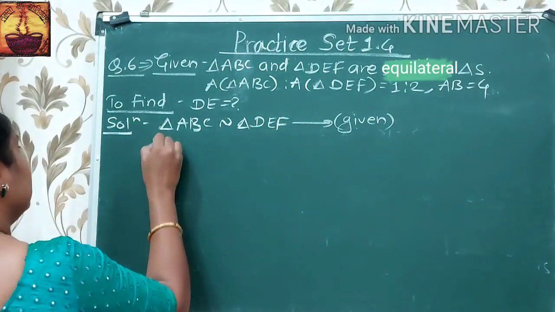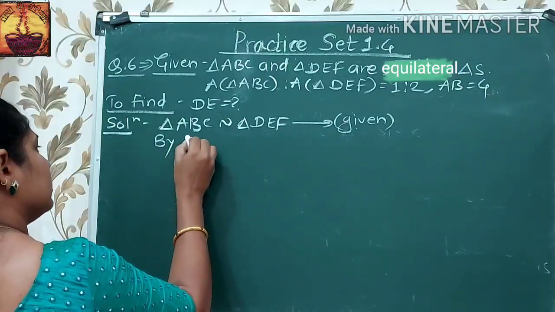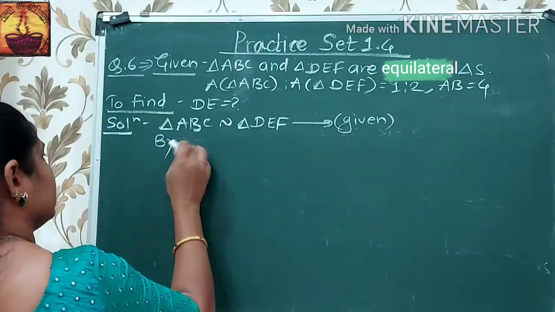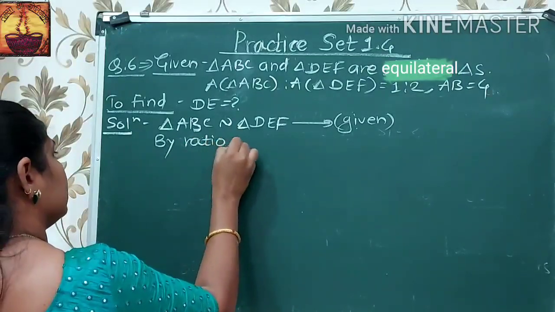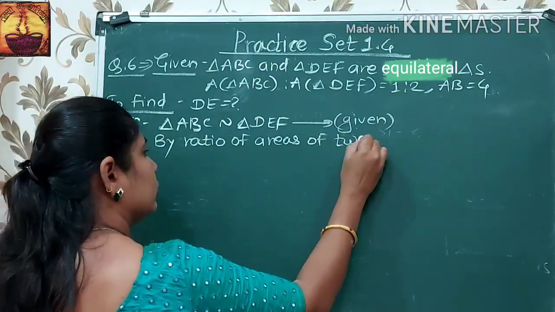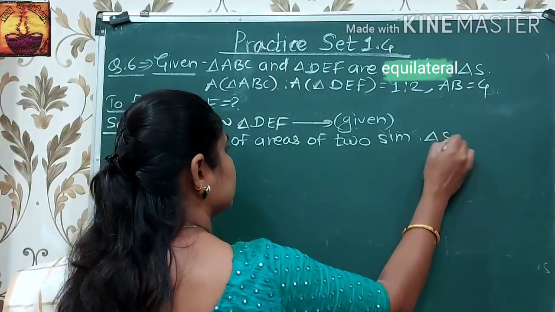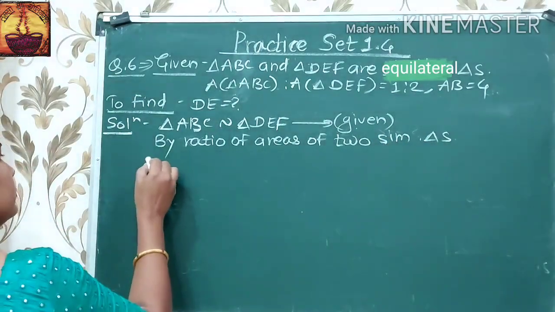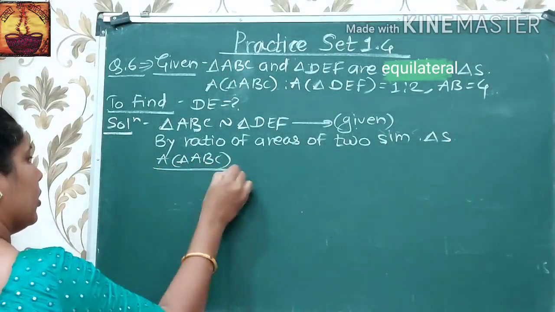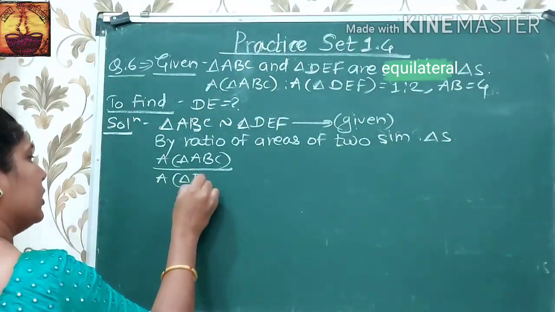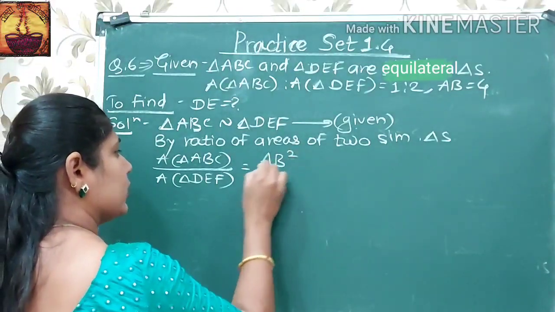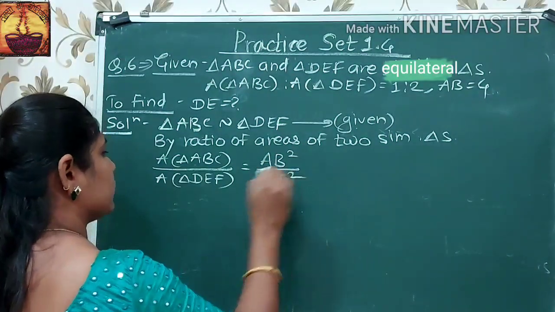Therefore by the theorem on two similar triangles, we have area of triangle ABC upon area of triangle DEF is equal to AB square upon DE square.